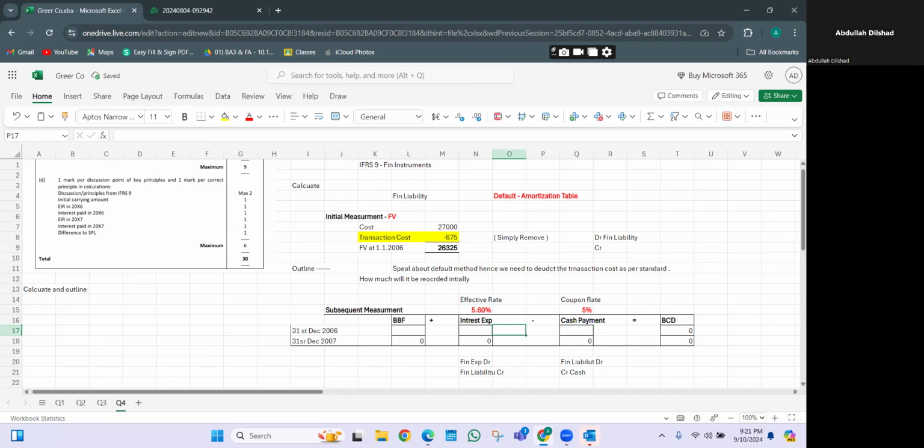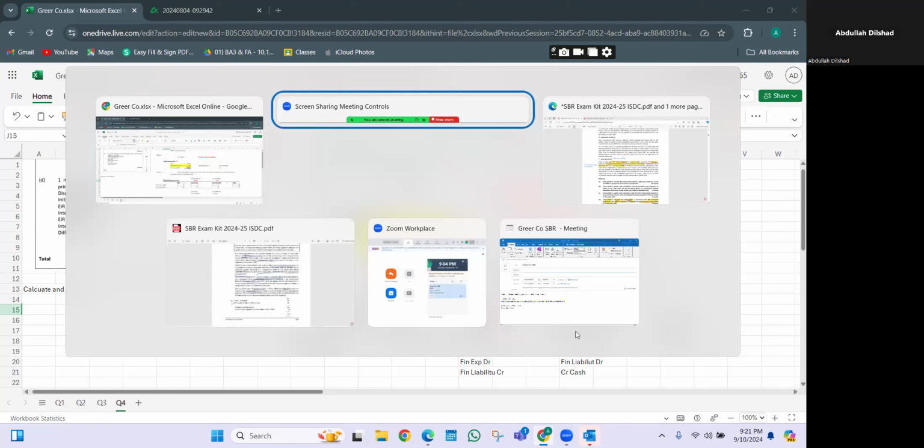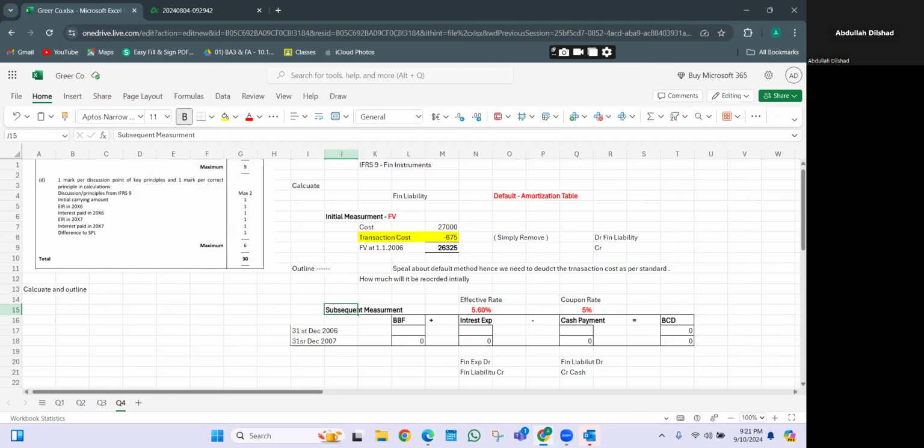So subsequent measurement. You all know, in terms of a financial liability, you are supposed to use the default method, which is the amortized cost model.